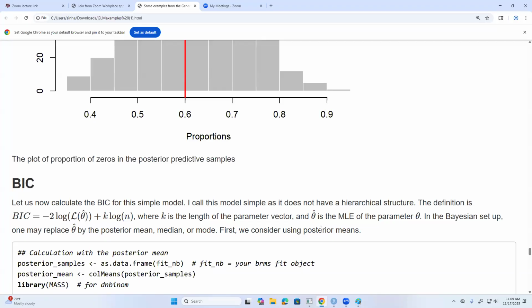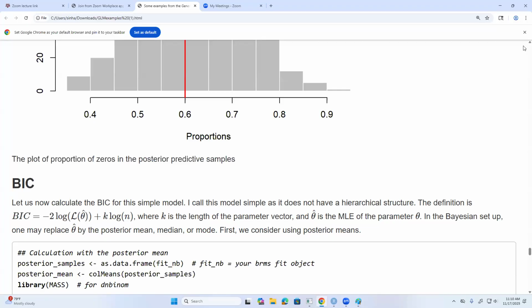If we have a Poisson model, then the number of parameters includes beta 0 and all the components of beta 1. For the zero inflated model, it is the regression parameter vector, including beta 0 and beta 1, and the inflation parameter. So I have a very clear idea.